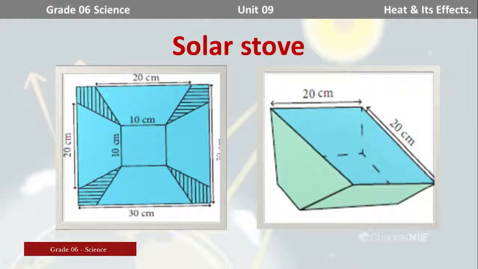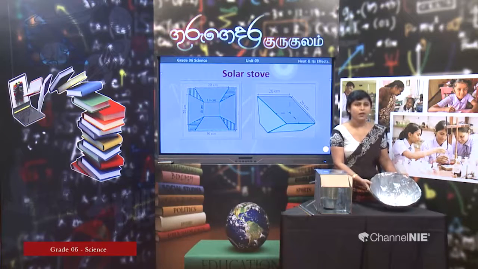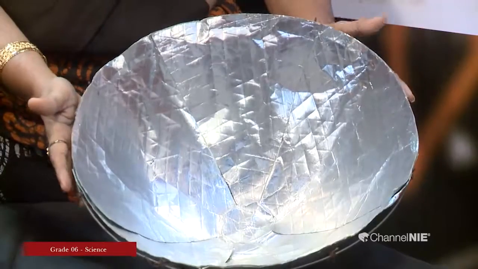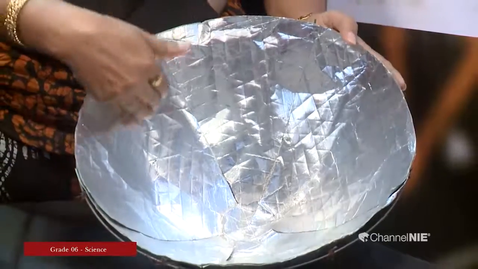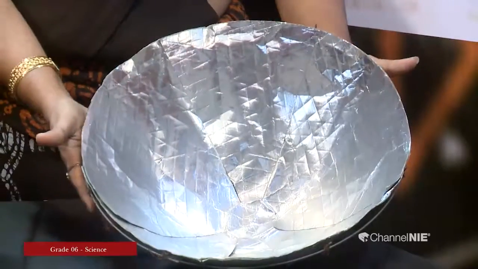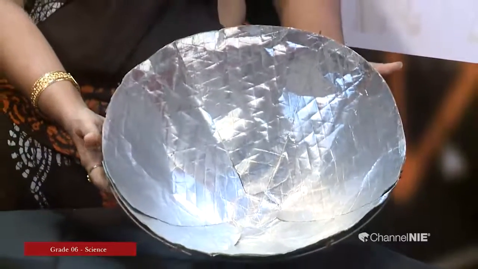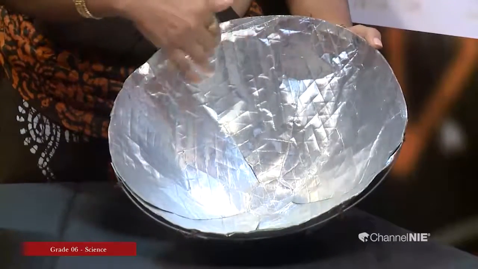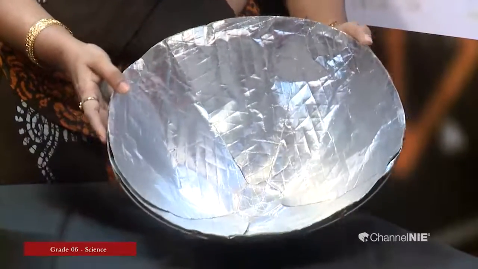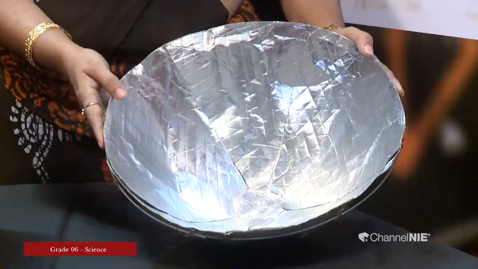Let us observe. Okay children, here I have got a model of a solar thermal stove. You can see there is a curved surface and the inner surface of this container is fully covered with an aluminium foil. You can observe. This is a model of a solar thermal stove.